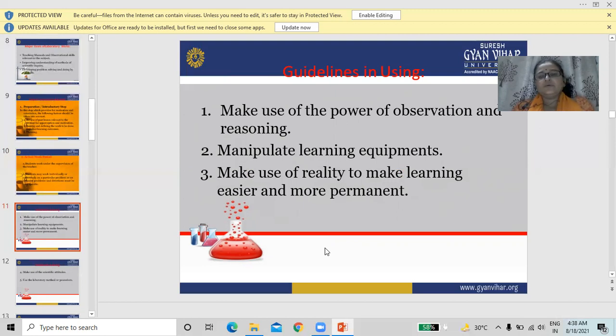Manipulate learning equipment. Next guideline is make use of reality to make learning easier and more permanent.